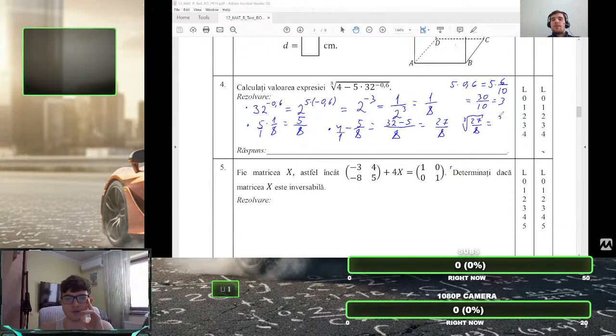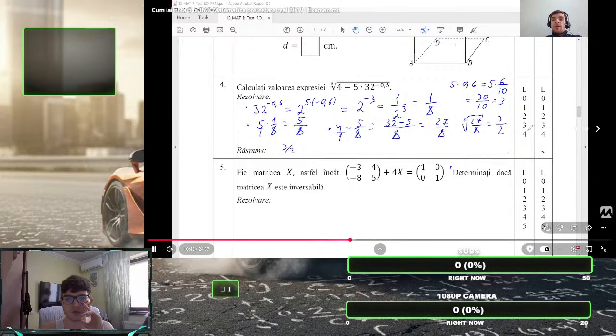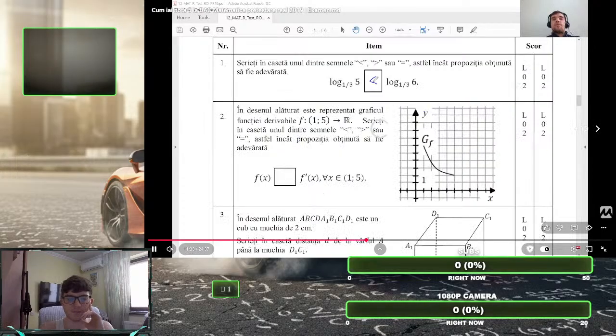It's going to be 32 minus 5, 27 divided by 8. Now 27 is 3 to the power 3, 8 is 2 to the power 3. So you just remove the cube root, and you'll just get 3 divided by 2. Okay, so that's done.